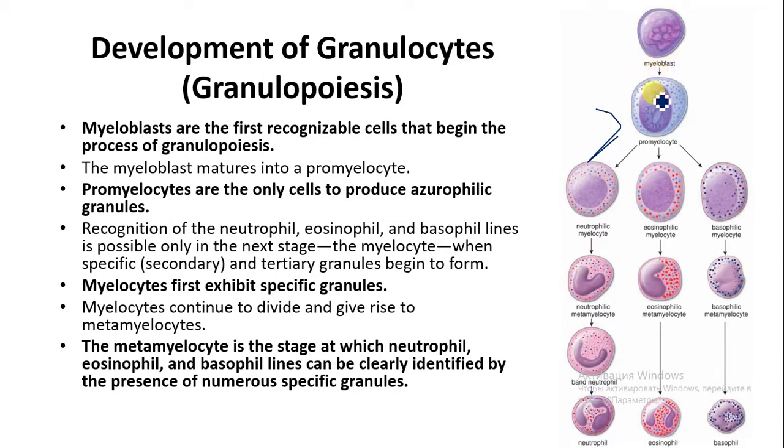But later myeloblasts are differentiated into promyelocytes. This is the promyelocyte. This promyelocyte is further divided into three types of cells: we have the neutrophilic myelocyte, eosinophilic myelocyte, and basophilic myelocyte.